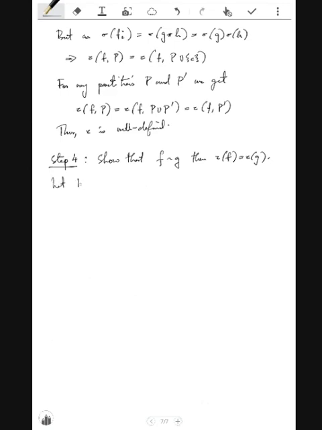Let F be a homotopy from f to g. So it keeps the ends fixed all the time. So we first consider a special case.